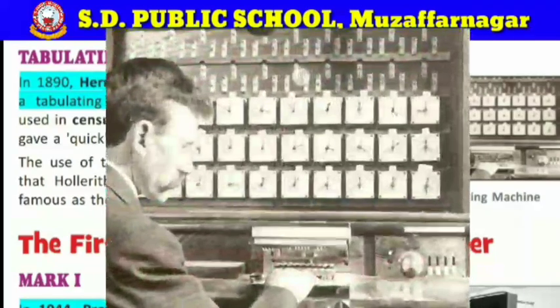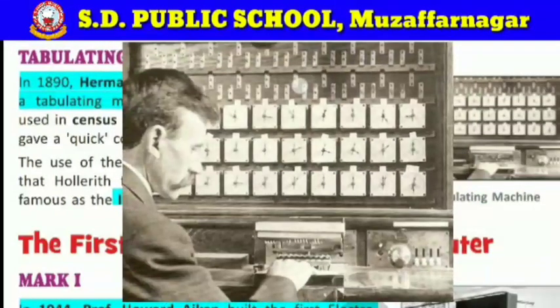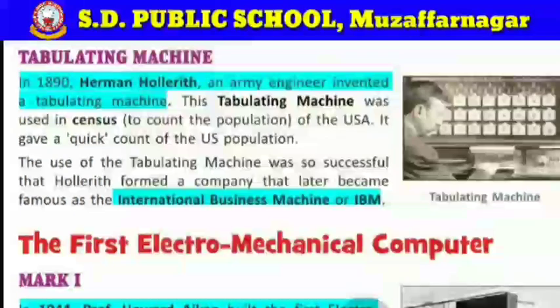Children, this was really a great idea. So he founded a tabulating machine company in 1896, later to become International Business Machines, IBM, in 1924. And students, do you know IBM is the largest computer manufacturing company even today.